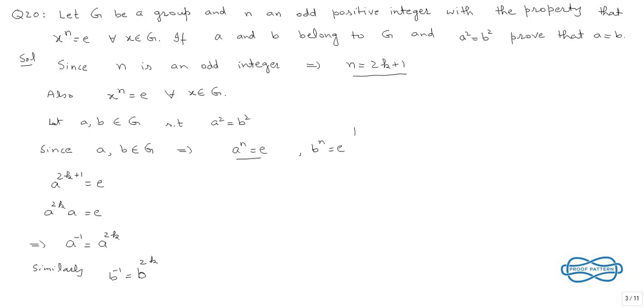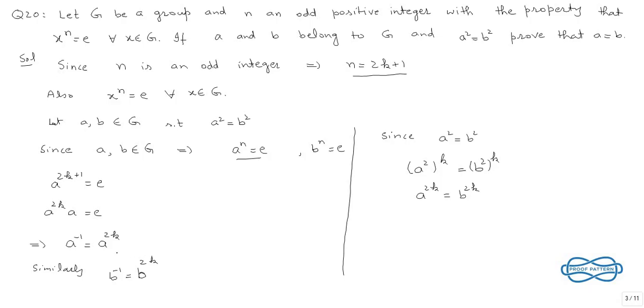Okay. Now, since a square is equal to b square, if we take the power k on both sides, we will get a raised to the power 2k is equal to b raised to the power 2k.